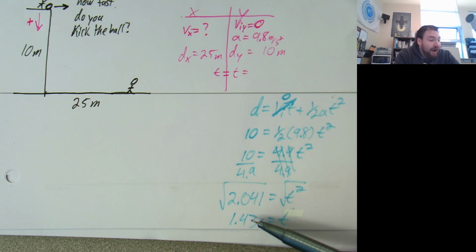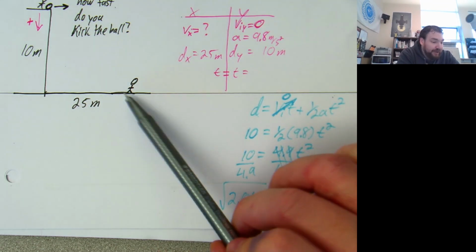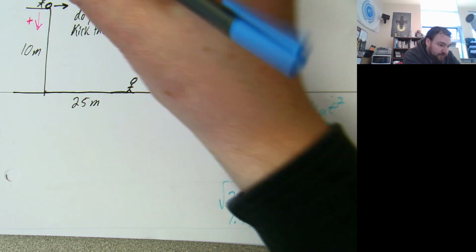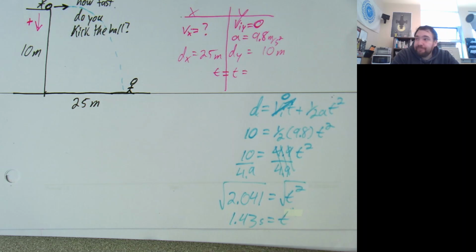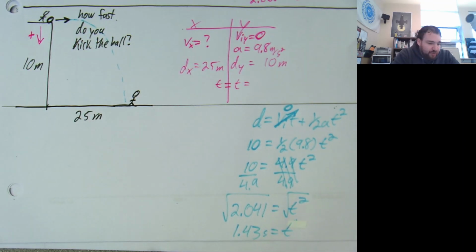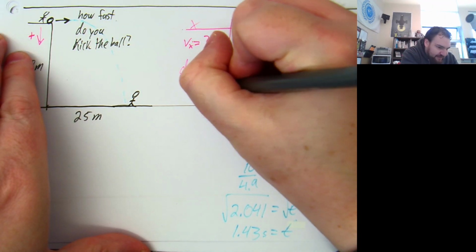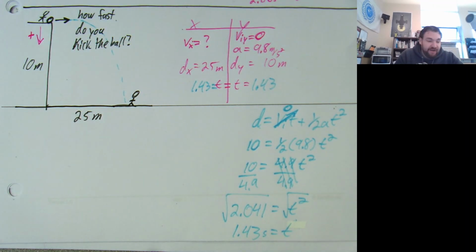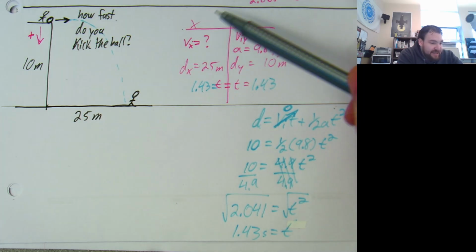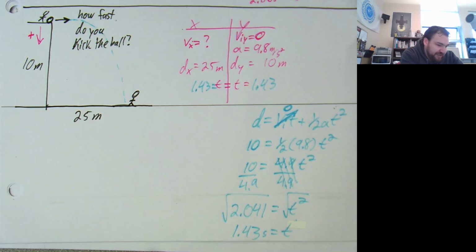Now how fast do you have to kick it if in that time you want it to get over here? So this time, the 1.43 seconds, is going to be this time over here, the 1.43 seconds. And now we want to find Vx. The horizontal portion is always going to be constant velocity, so there's no acceleration.